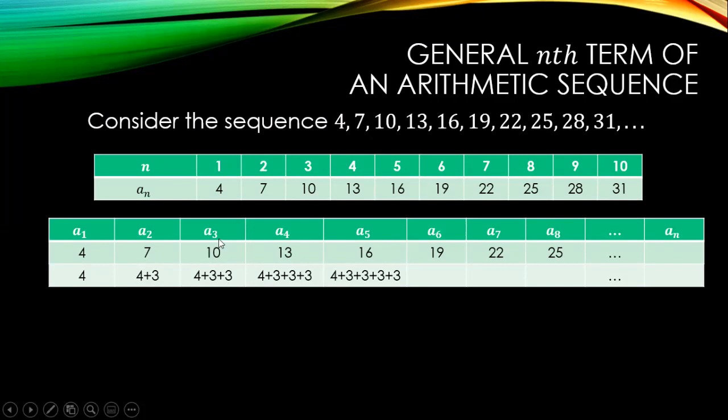And for the third term, in order to get 10, we add another 3. So that is 4 plus 3 plus 3. And for the fourth term, to get 13, we add another 3. And so on.